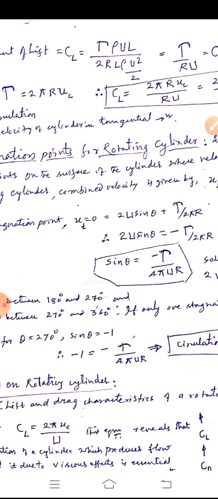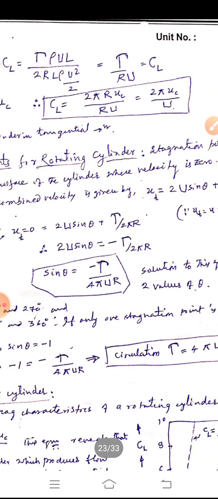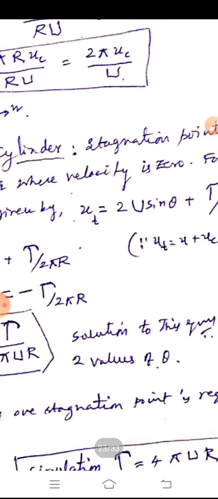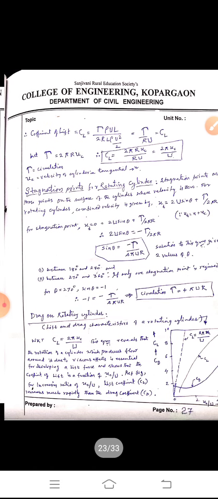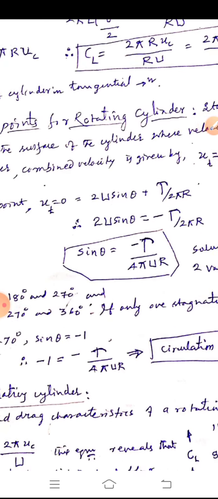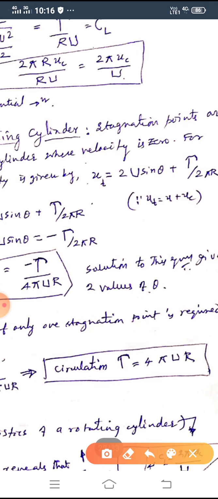Now, in order to find the amount of circulation, we have to consider a stagnation point. What is a stagnation point? Stagnation points are nothing but points where the velocity is 0. Now the combined velocity, we know, is given by ut is equal to 2u sin theta plus circulation upon 2 pi r, because ut is equal to small u plus uc. u is the velocity at any point tangent to the cylinder, and uc is the peripheral velocity which is also tangent at any point on the cylinder.